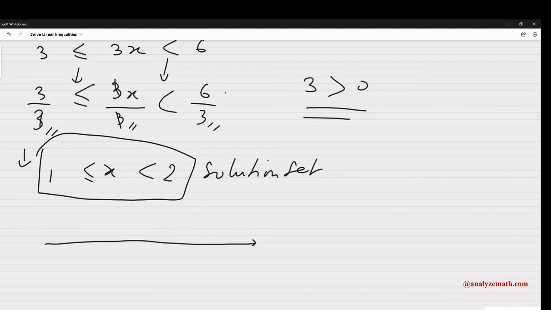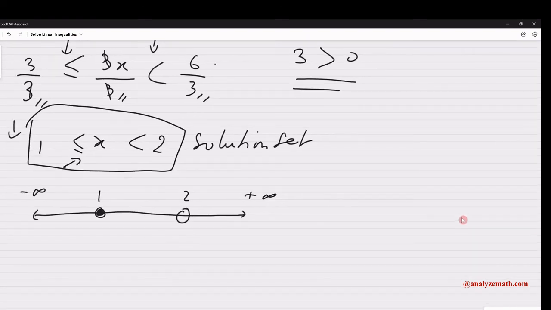Graphically, this will be represented as follows. So negative infinity, plus infinity. We need 1 here, 1, and then 2. 1 closed circle because of the equal. At the side of the 2 there is no equal, so it's an open circle. And the solution x is in between 1 and 2. 1 is included, 2 is open circle.